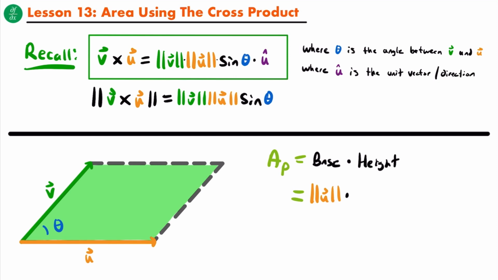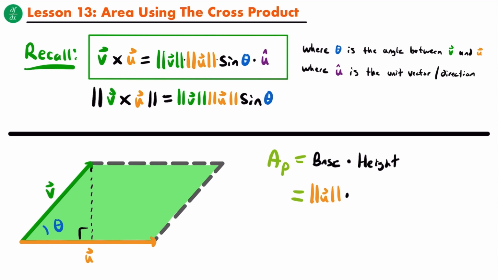And so what is the height in this case? And be careful, it's not going to be the magnitude of vector v. This side doesn't represent the height. The height would actually be this measurement right here, all right? The measurement from the top of the parallelogram to the base of the parallelogram. And that height would be perpendicular to the base. It creates a 90-degree angle. It's a right angle.